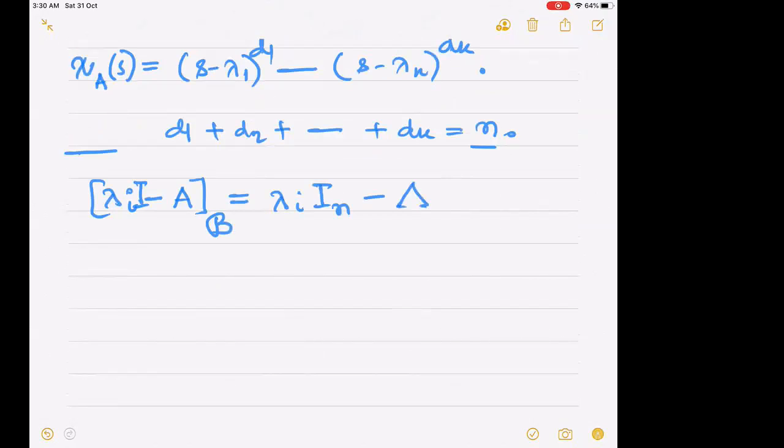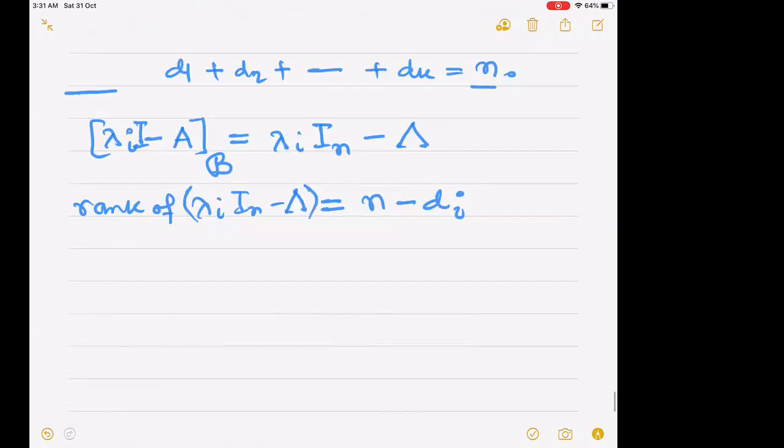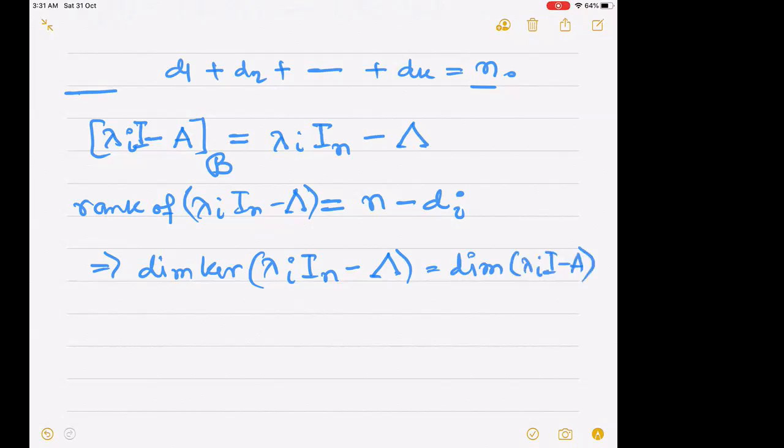Notice that the rank of this matrix is precisely equal to n minus di, and therefore the dimension of the kernel of lambda i I minus A is equal to di by the rank-nullity theorem.